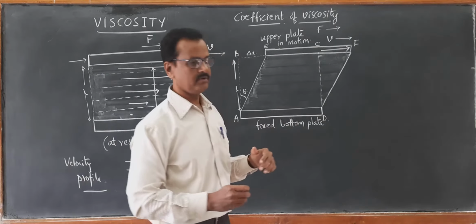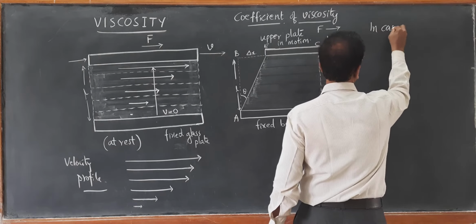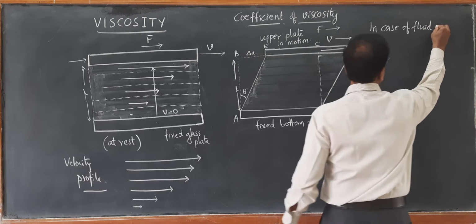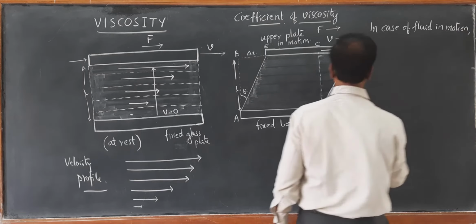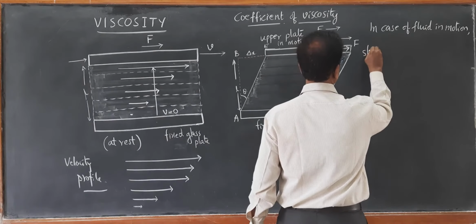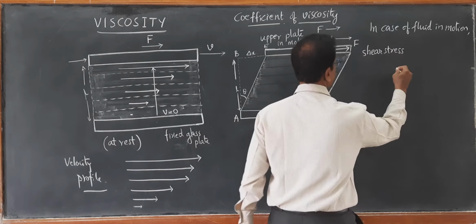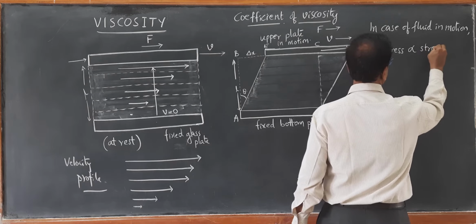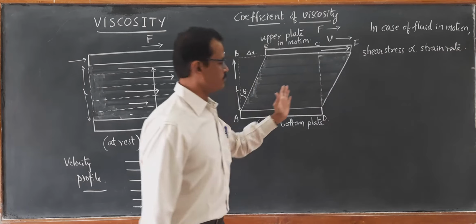Therefore, in the case of fluids in motion, it is interesting to see that the shear stress is found to be directly proportional to strain rate, because the fluid is in motion.